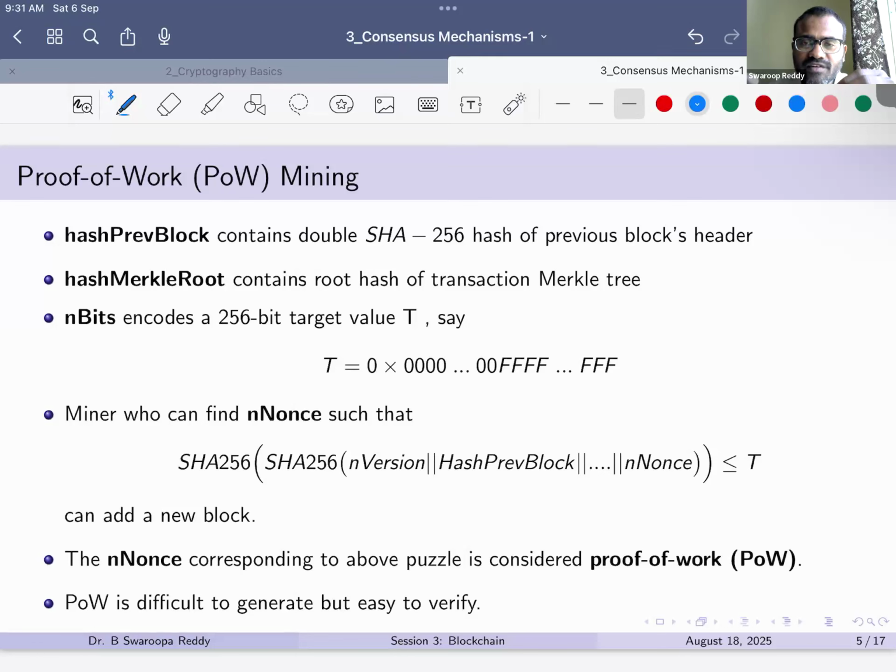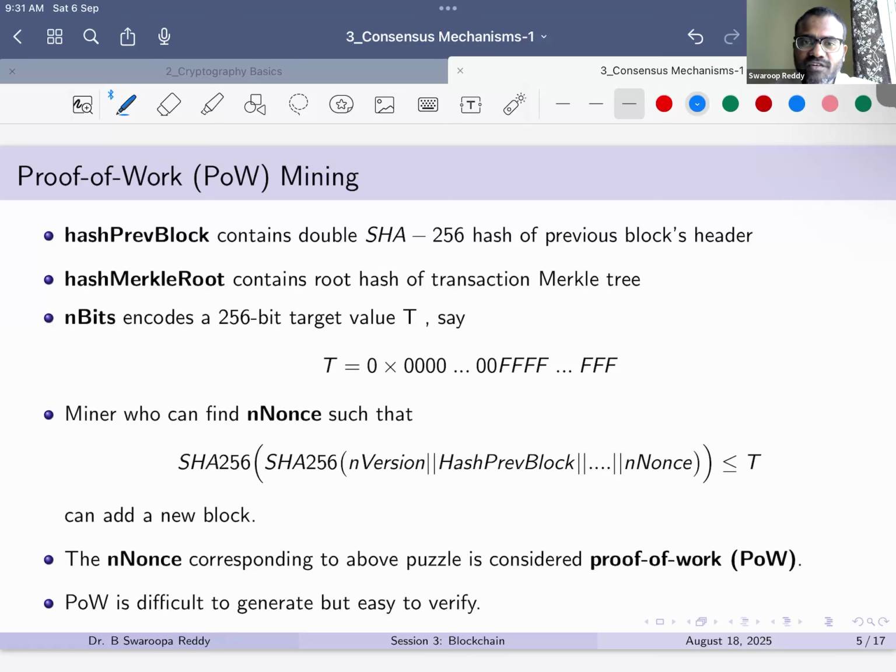Whoever solves this puzzle first will send that block to the network. Everyone will receive that block. Once everyone accepts that block, then the person who added that block will get some rewards. That's why all the parties or all the peers in the network compete with each other to find a new block. Finding a new block happens through this proof of work mining process.